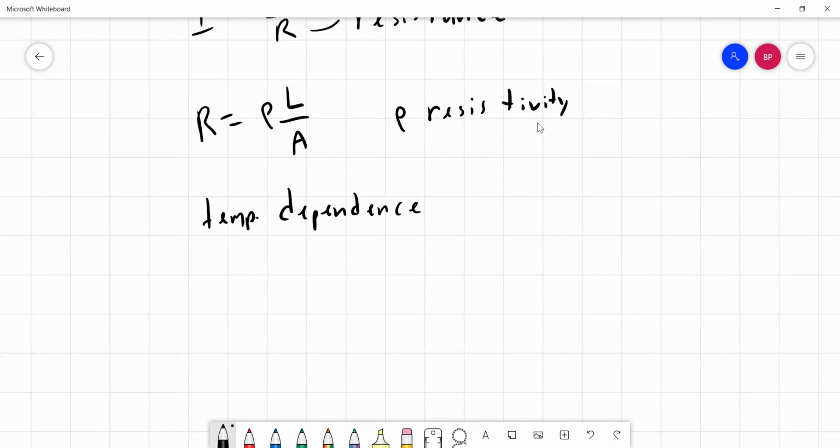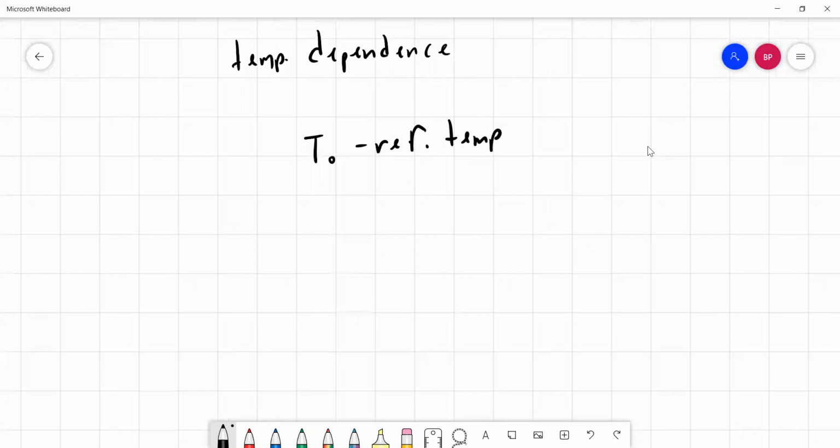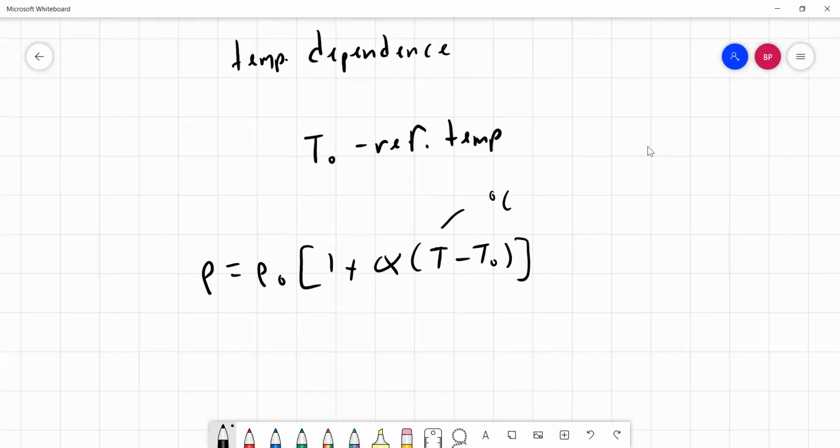So as we'll see, what we'll do is we'll define some reference temperature. And as long as we're close to this reference temperature, then the dependence of the resistivity on temperature will be linear. So the equation looks something like this. The resistivity is equal to this constant, rho naught, times 1 plus alpha times the temperature minus the reference temperature. So this temperature is measured in degrees Celsius usually.